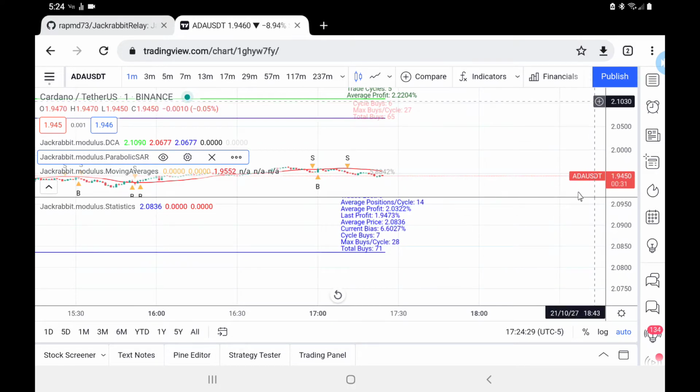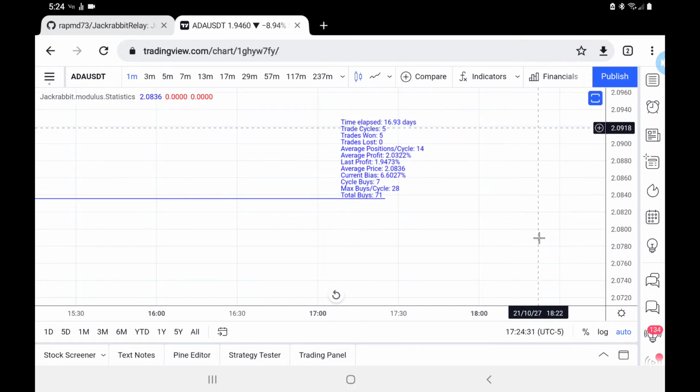Of course, I do have that information down here with the statistics module. Okay, it is 16.9 days long, 5 trade cycles, an average of 14 positions. So that gives you a good, clear basis of what to expect on this. It's semi-aggressive, but it's still very good.